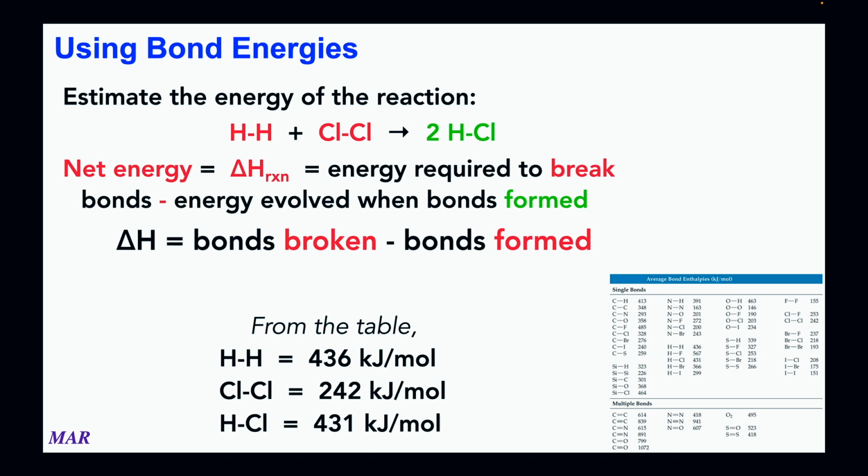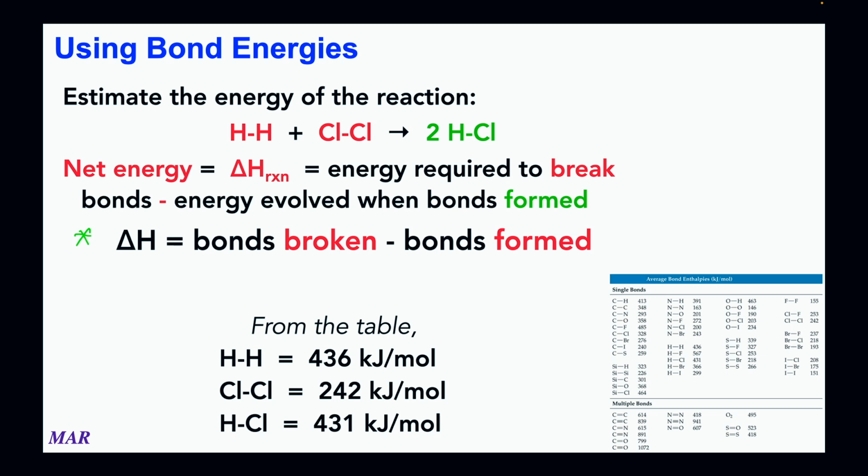So when you see a question like this and it asks you to find the delta H, it's always delta H of the reaction equals bonds broken minus bonds formed. And in these kind of reactions, that means the bonds of the reactants minus bonds of the products, the bonds that you form.